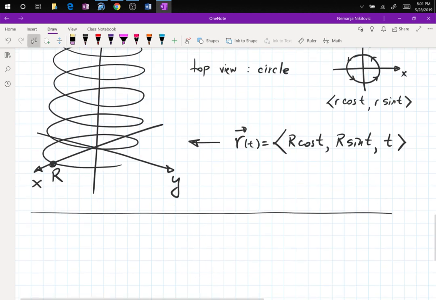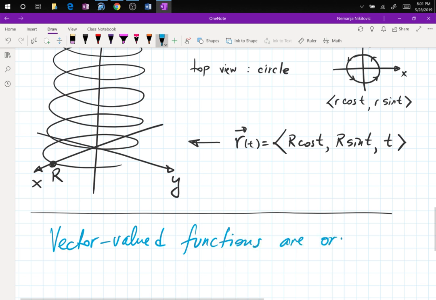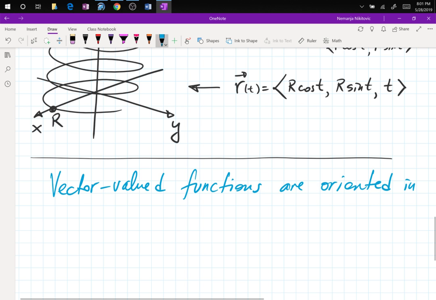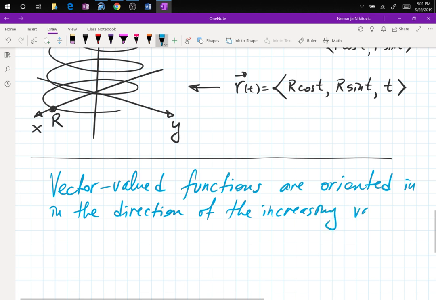Vector valued functions are oriented in the direction of the increasing value of t. This is extremely important for your chapter 17.